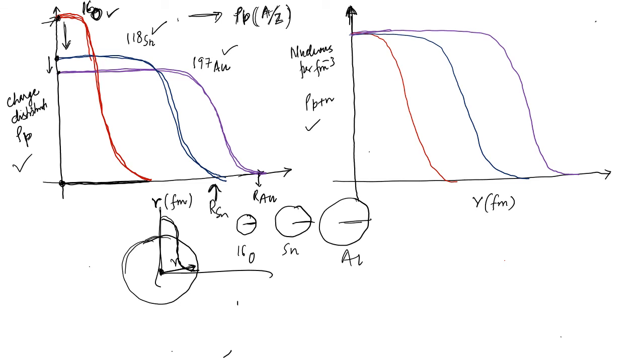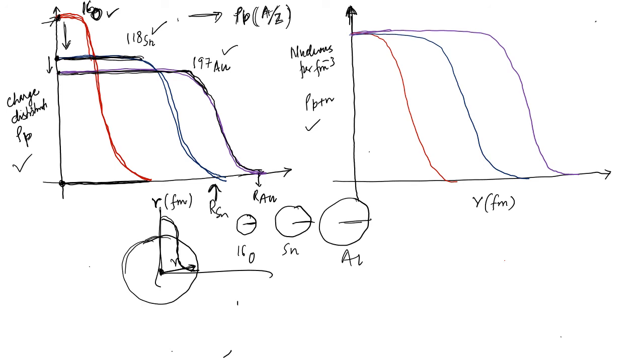So the charge distribution is different for different nuclei, and it decreases as we increase the mass of the nuclei. But inside, you can see the distribution is almost constant, and when you move toward the surface, it slightly decreases.